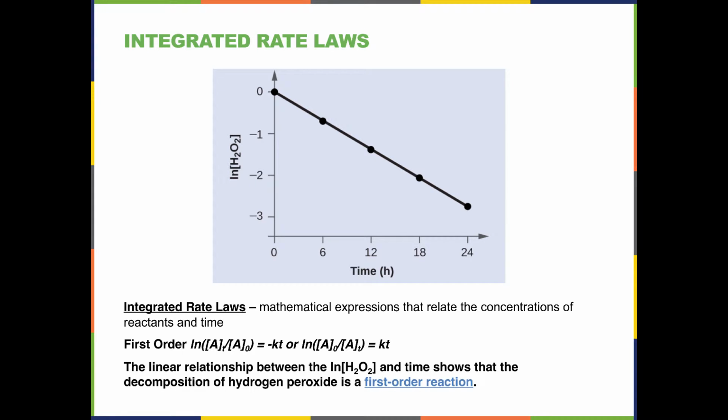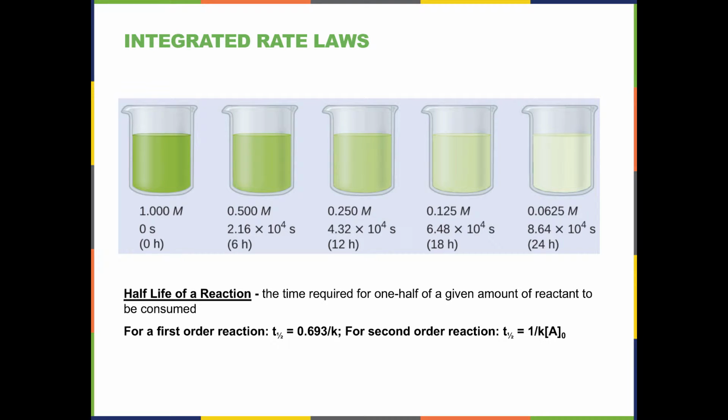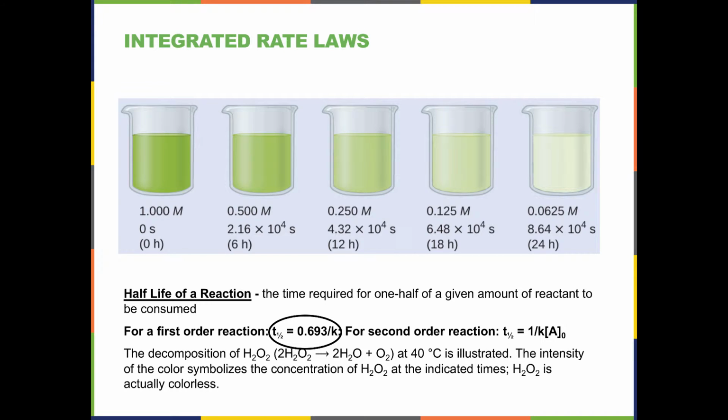And so it's a linear relationship, and it's a first order reaction. And so the half-life of a first order reaction is calculated using 0.693 divided by the decay constant. For a second order reaction, which is not relevant to our discussion here, you remember that it's equal to 1 over k times the initial concentration. And so this is the formula that you need in order to do the standard calculations.